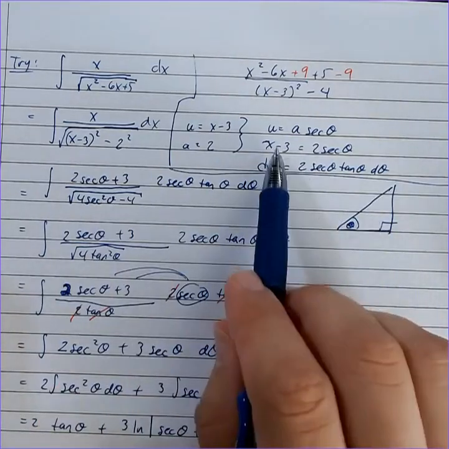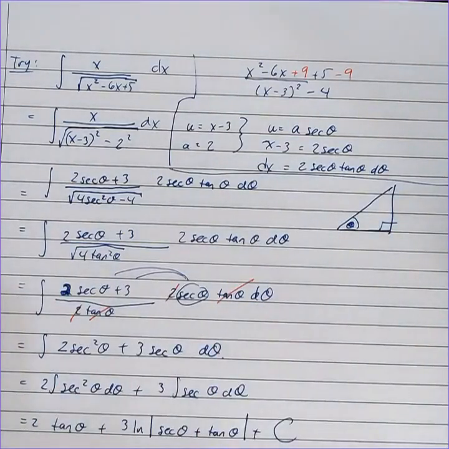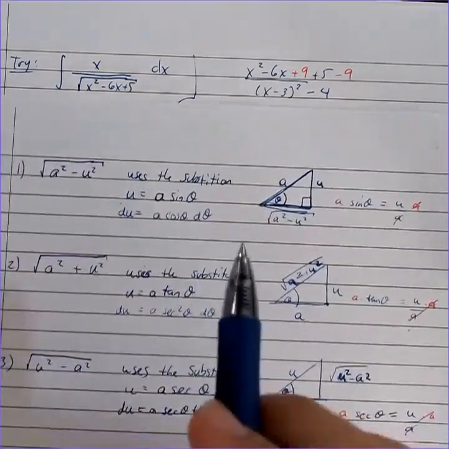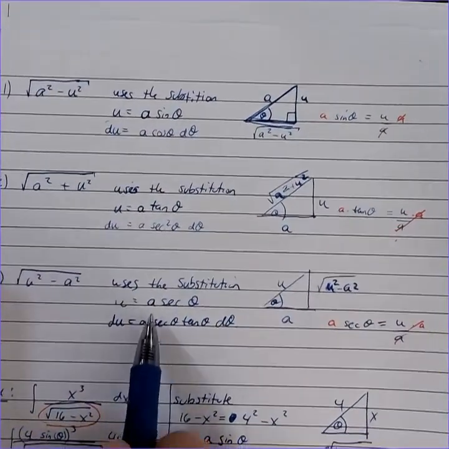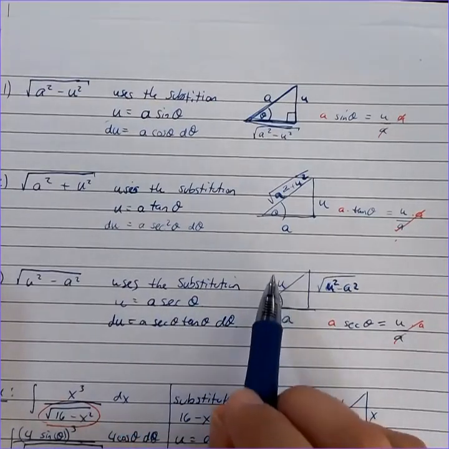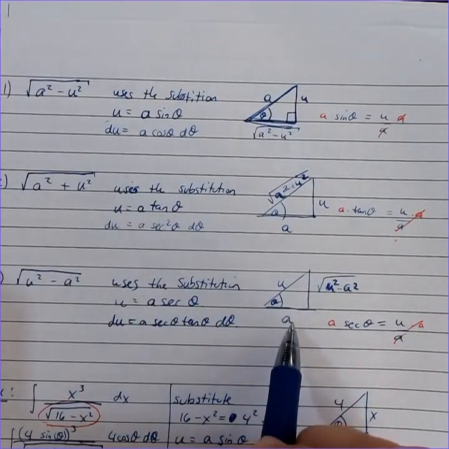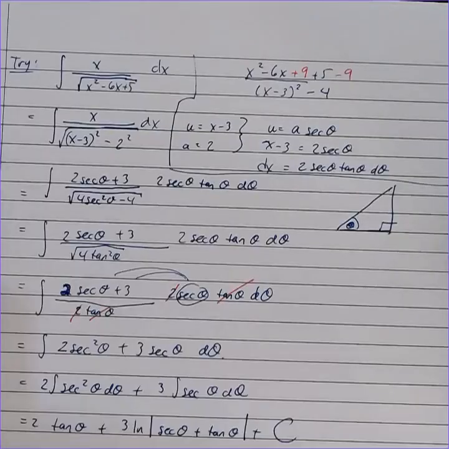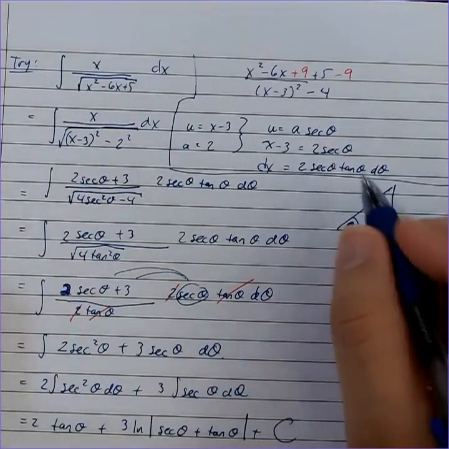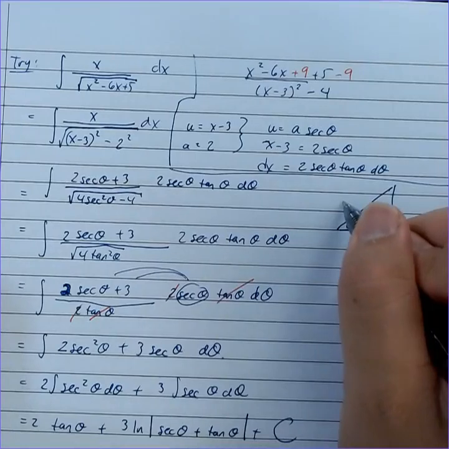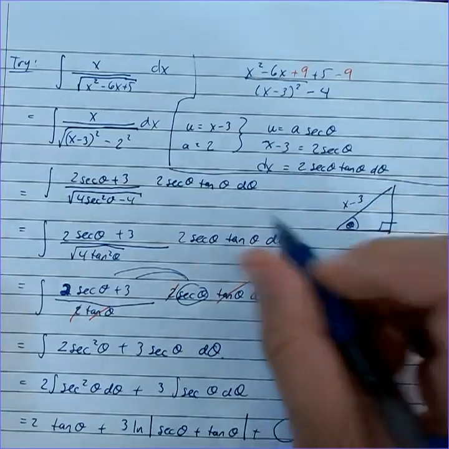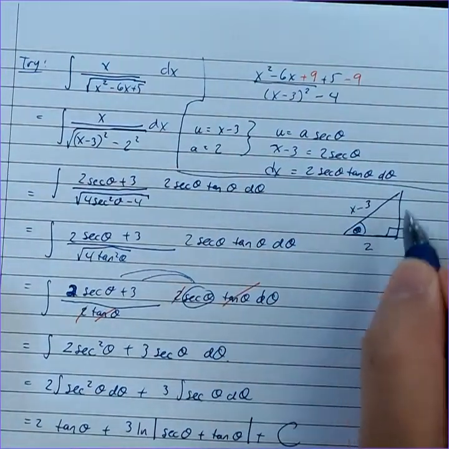So using the illustration that we had before, we see that when this is the substitution to be used, a is the secant of theta, u is your hypotenuse, a is the side adjacent to that angle theta. So u, that x minus 3, that's in our hypotenuse, and a, that's the side adjacent.